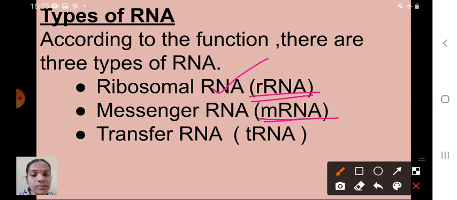So total, can you say how many types of RNA are there? Yes, 3 types: ribosomal RNA, messenger RNA and transfer RNA, that is rRNA, mRNA and tRNA. What is the function of this RNA? We will see one by one. Are you ready?